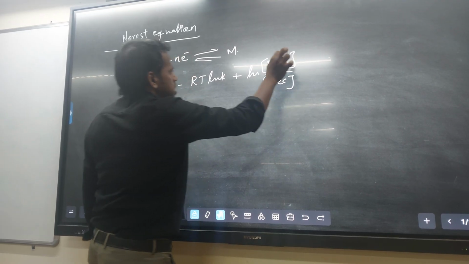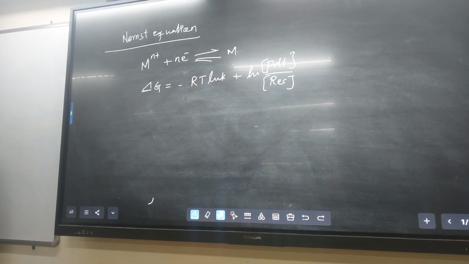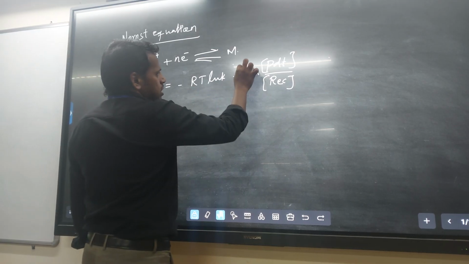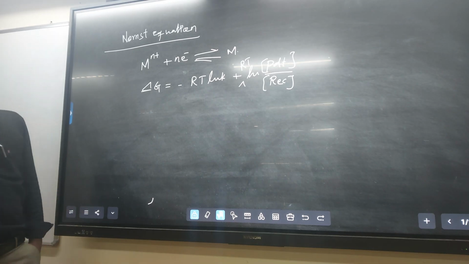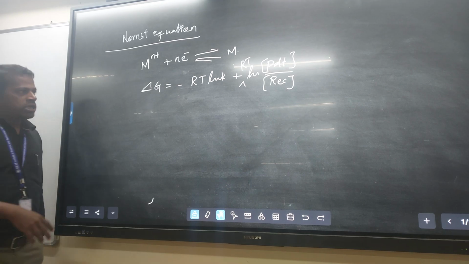Product by reactant. RT ln product by reactant. So delta G equal to minus RT ln K plus RT ln product by reactant. So the K is the equilibrium constant, when the reaction is at equilibrium.